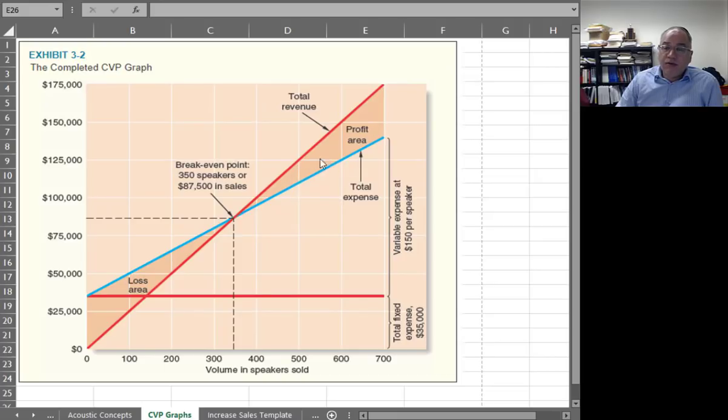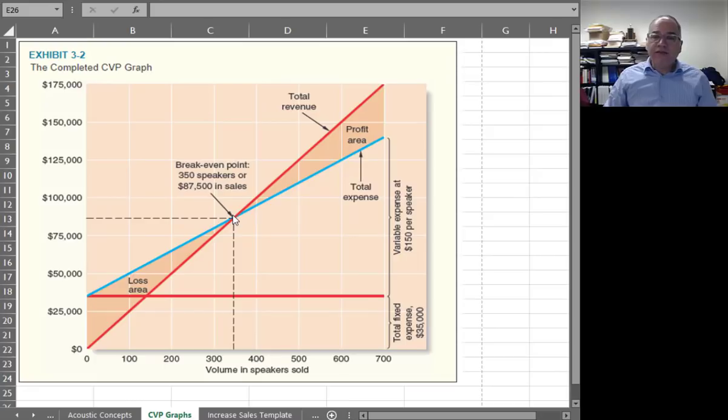It'll be equal to net income in this right triangular area where it says profit area. But it would equal a net loss in this area over here on the left. And the difference between these is the break-even point. You can kind of think of this as a bow tie, and the break-even point is a little knot in the middle.